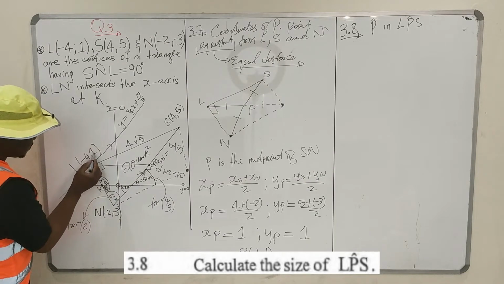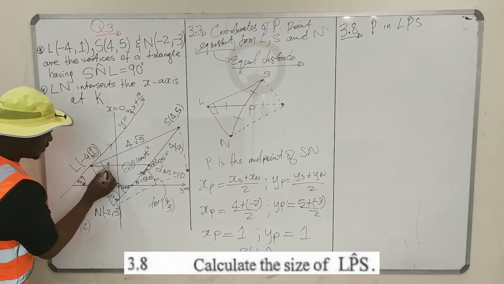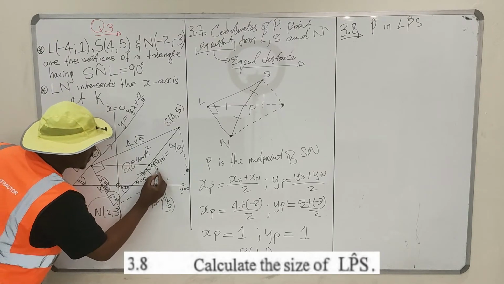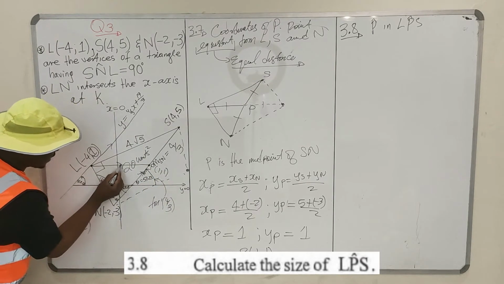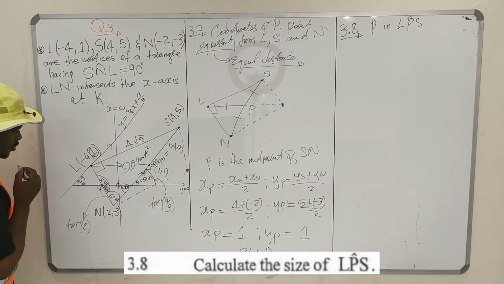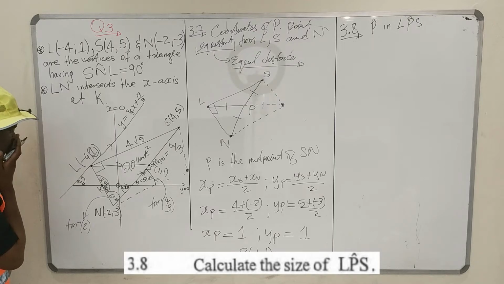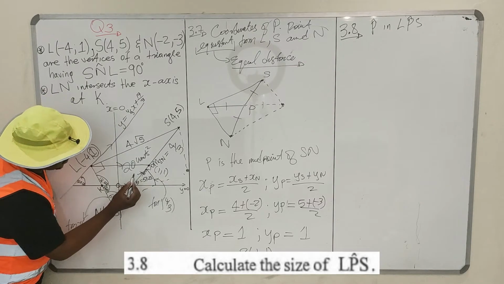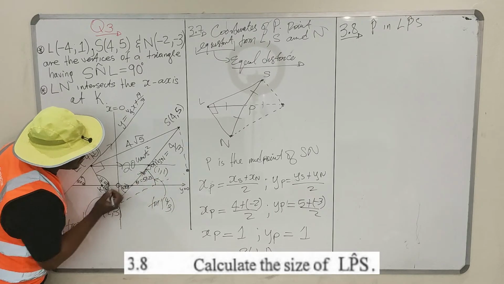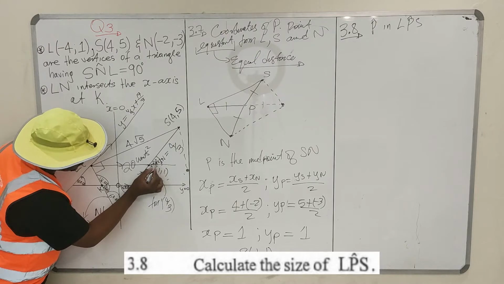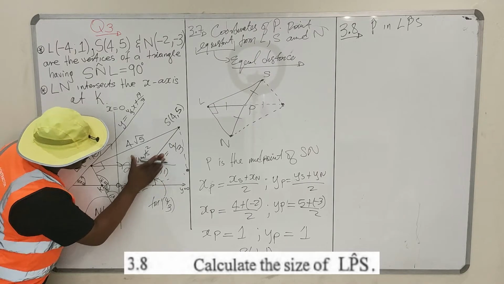If you look at this, it's 1, and the coordinates of P, I said, are 1 and 1. So this line is horizontal; it's parallel to the x-axis. So what do we know? If you extend this further, this angle is the same as that one there.